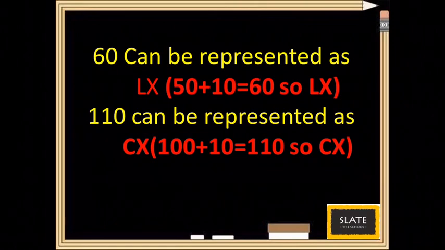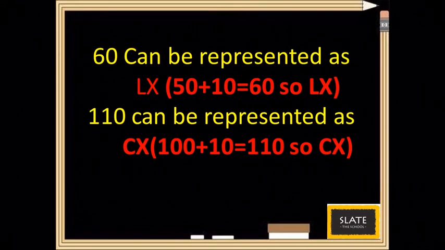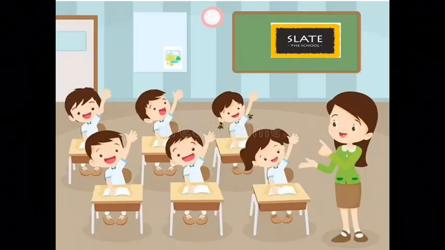So LX. Are you getting, children? Good. 110 can be represented as CX, that is 100 plus 10 is equal to 110. So CX. Hope you all are following me, Slaters.